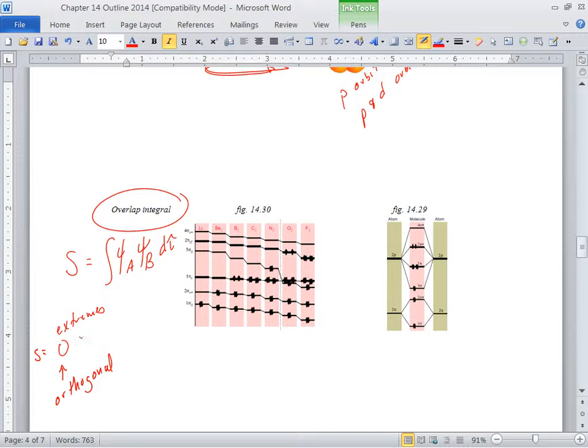So there's the other extreme, 1. Here's where they're the same. Orthogonal is completely different. It's hard to put language to this because we're talking about 3 dimensions. You have to be thinking about 3-dimensional space. So that's where they're getting at, overlap, and how you can have different bond energies.